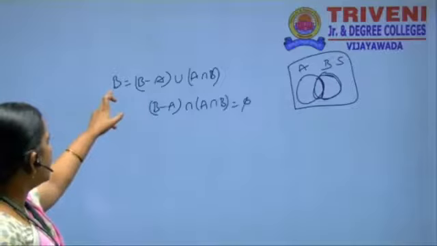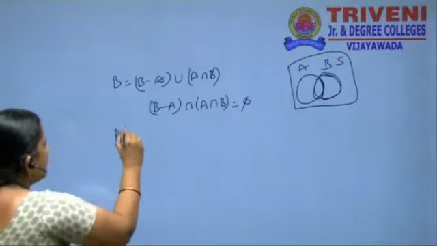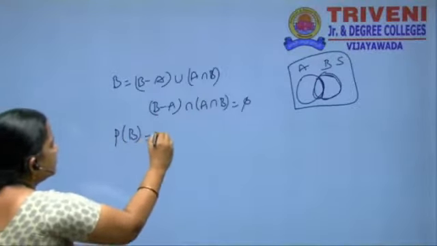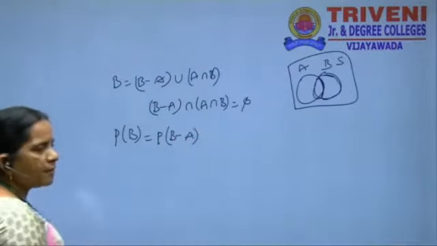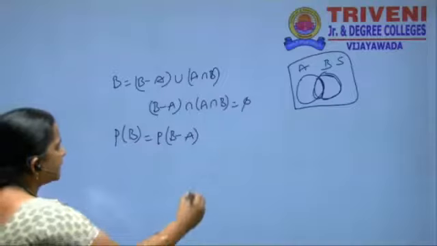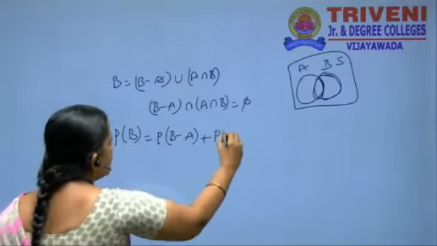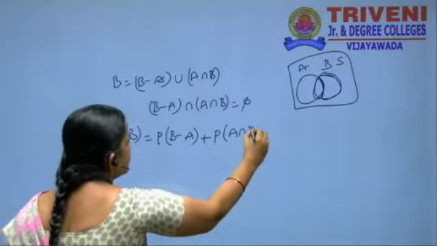Applying probability on this, P of B is equal to P of B minus A. Applying probability means the union becomes plus, so plus P of A intersection B.